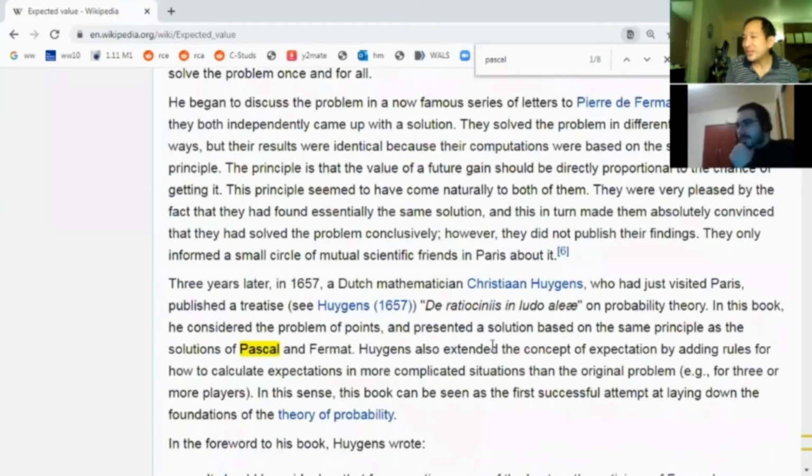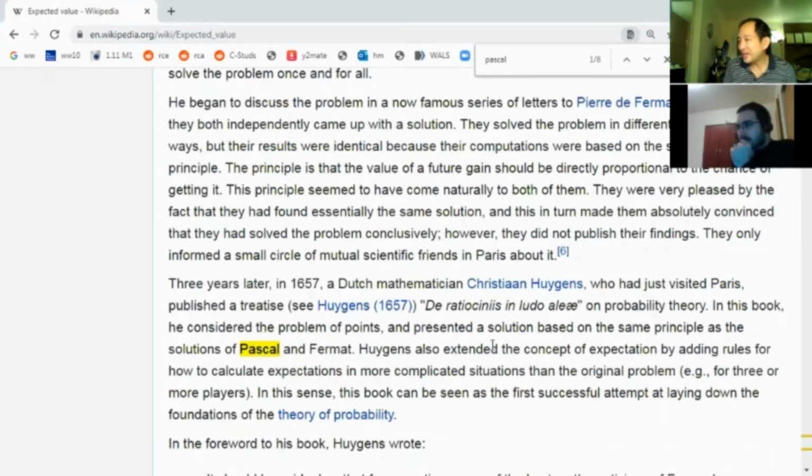3 years later, in 1657, a Dutch mathematician, Christian Huygens, who had just visited Paris, published a treatise, De Ratiociniis in Ludo Aleae, on probability. In his book, he considered the problem of points and presented a solution based on the same principles as the solutions of Pascal and Fermat.